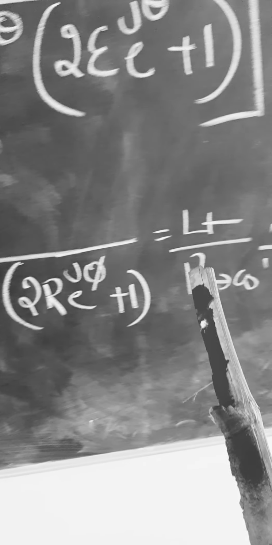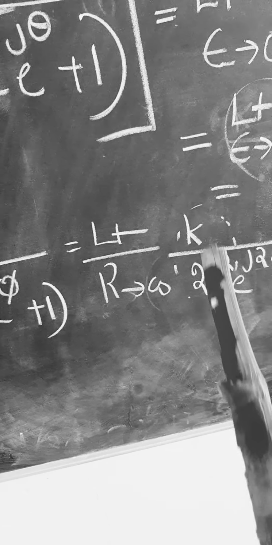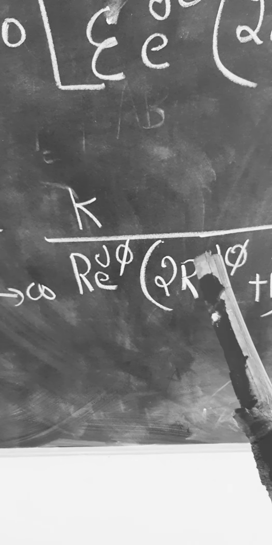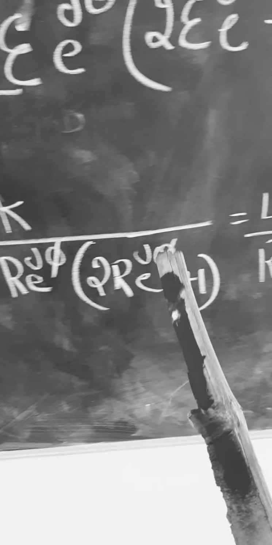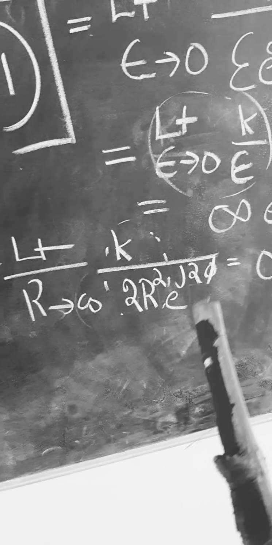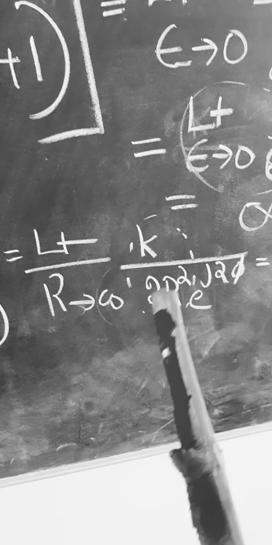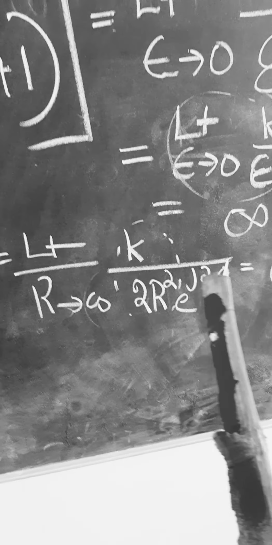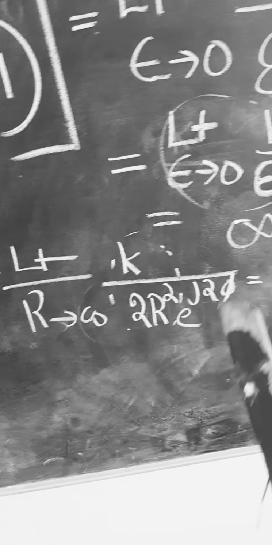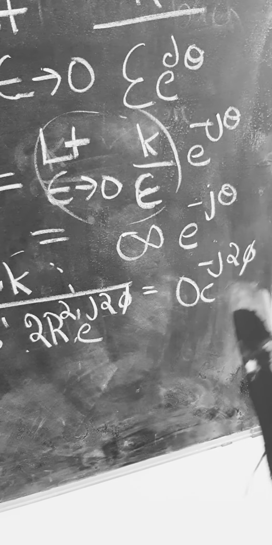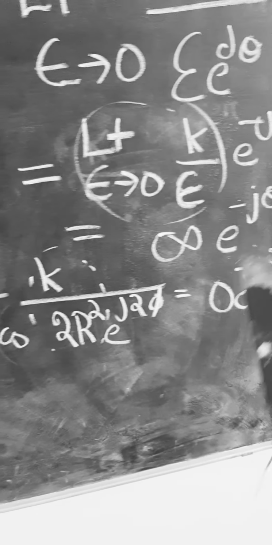You will get 2R square, limit of R tending to infinity, k divided by 2R square e to the power of, here, j phi into e to the power of j phi is equal to e to the power of j 2 phi. So you are getting k divided by 2R square e to the power of j 2 phi. Now this e to the power of j 2 phi you can take above, so it will become e to the power of minus j 2 phi.